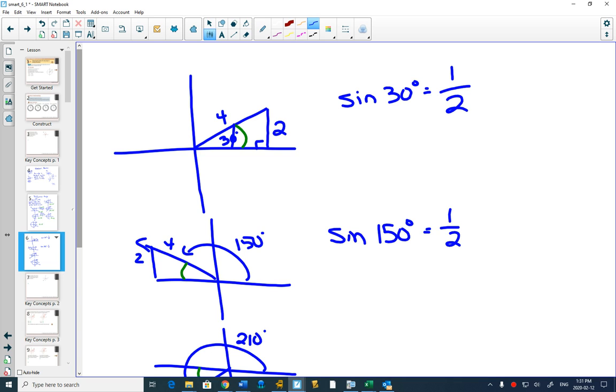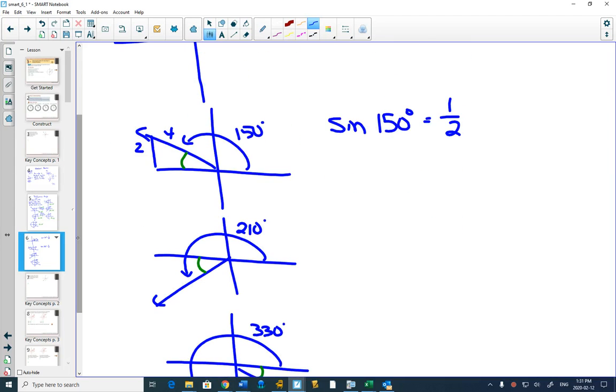And the reason for that is based on the reference angle. And for the same reason, if we go to 210 degrees and we make a triangle and we made this 2, this would be 4 again. And when you type in sine of 210 degrees, you don't quite get 1/2. You get -1/2.